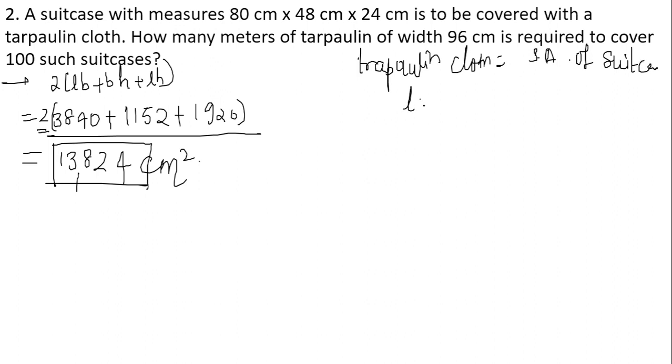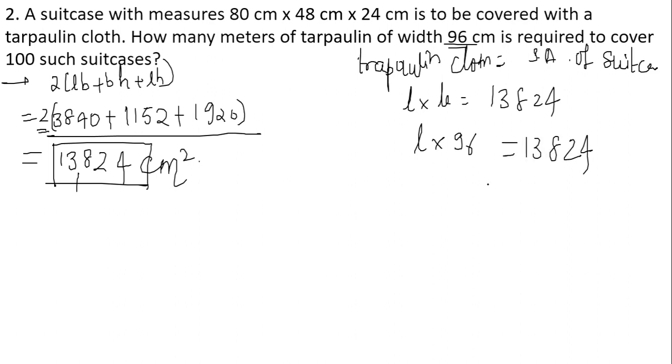So tarpaulin area, length into breadth, is equal to 13824. This will give me L into 96 because the width is given over here. So length is equal to 13824 divided by 96, that is equal to 144. So this is the length.